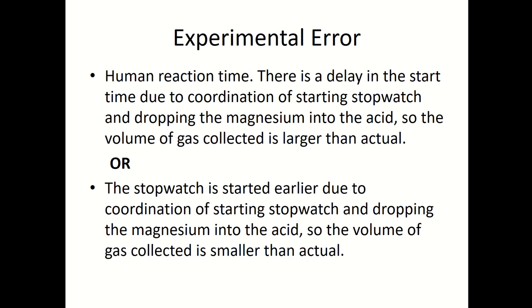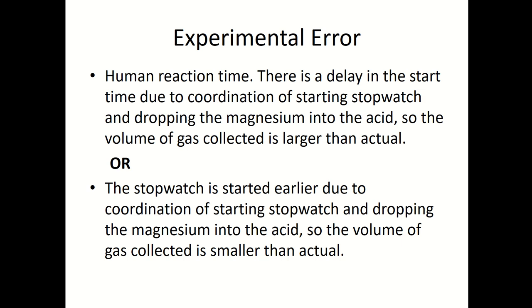Now in doing speed of reaction experiment, remember you are using the stopwatch and you're starting the reaction at the same time. So there will really be this experimental error where either you delay in starting the stopwatch or you start the stopwatch earlier. So that will have an impact on the results.